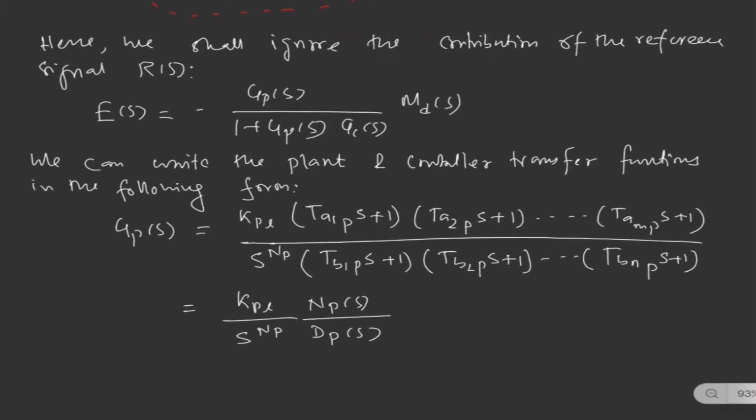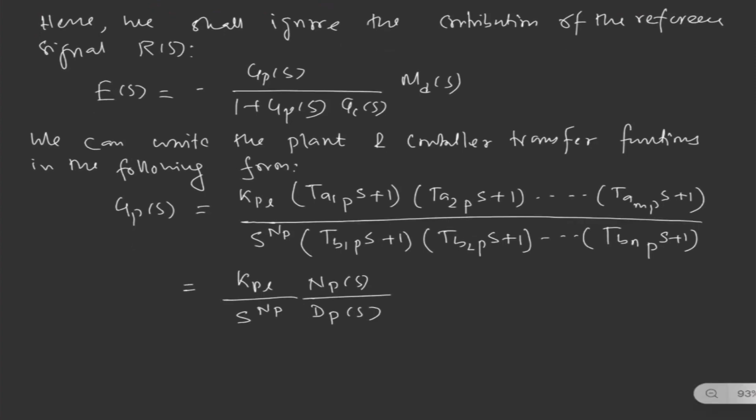Here, this is the gain in the plant transfer function, and s to the Np yields the number of poles at the origin. Np(s) is the numerator polynomial, which yields the zeros in the system, and Dp(s) yields the remaining poles in the system. So we can write in this structure.